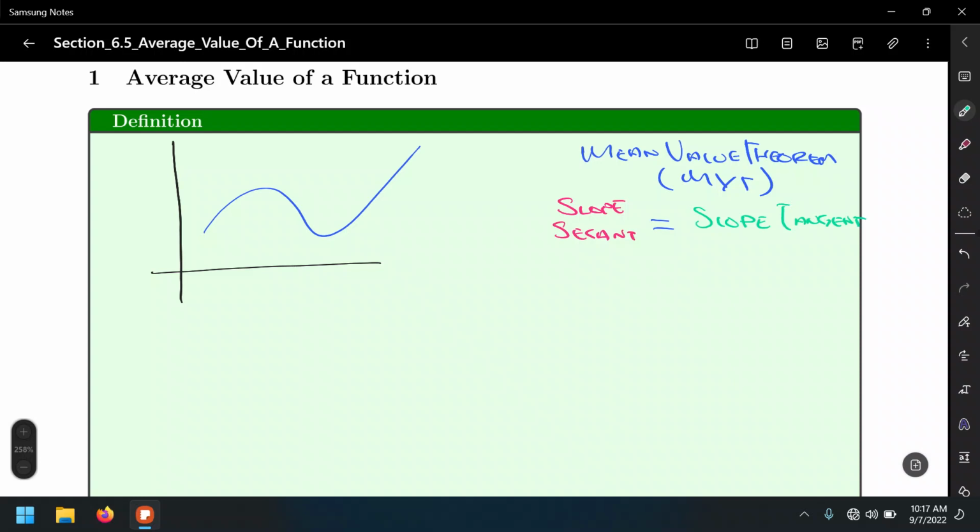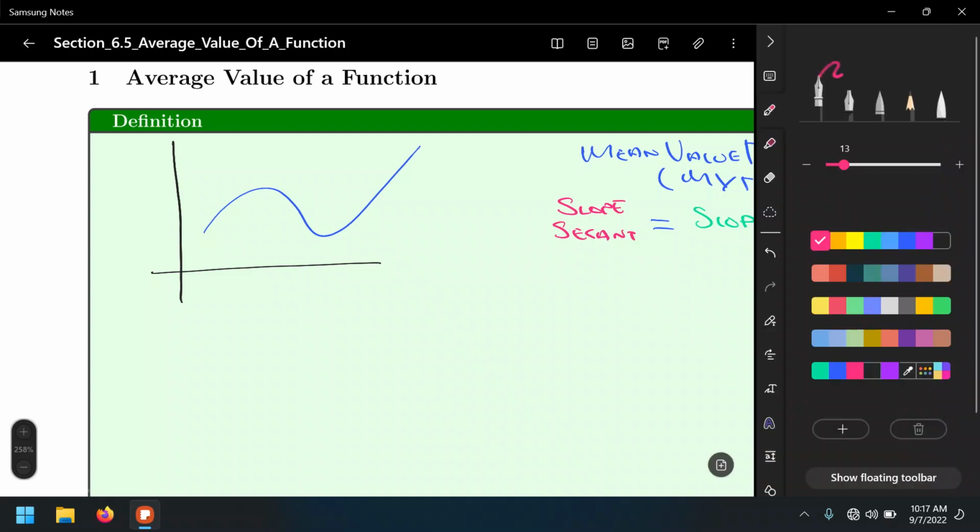In other words, we have this secant line right here. Recall that a secant line is a line that crosses at 2 points on a function f of x, so it should look like this. That's the secant.